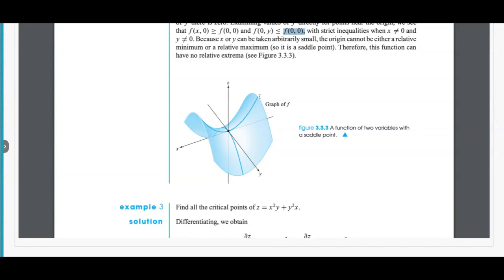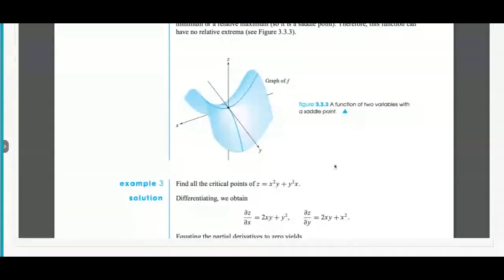In the x direction, it acts like a local minimum. In the y direction, it acts like a local maximum. So we call this a saddle point. It looks like a saddle on a horse. So that's how it gets its name. If anyone has any questions, feel free to stop me at any time.